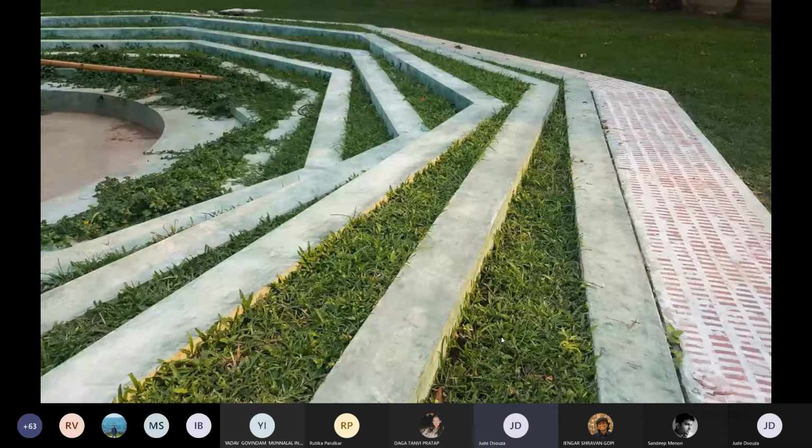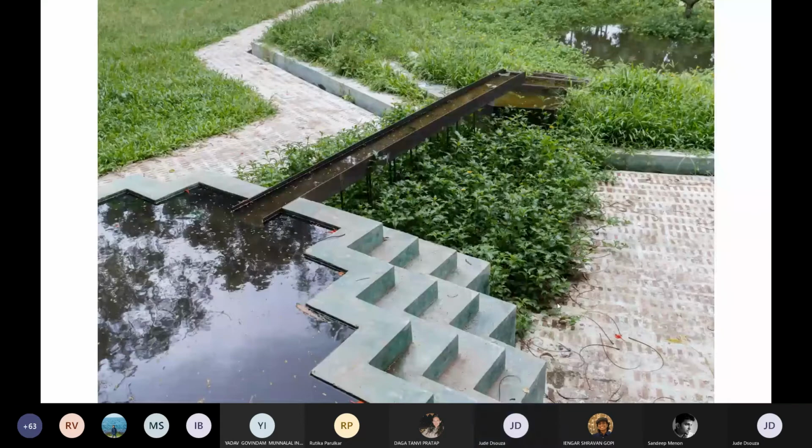So this is the edge of the fountain, and here you see the overflow of the fountain in this brass.